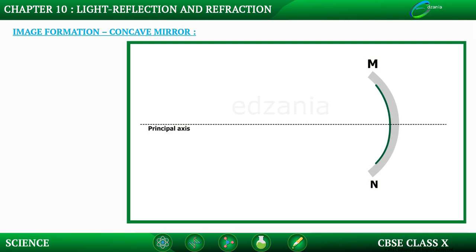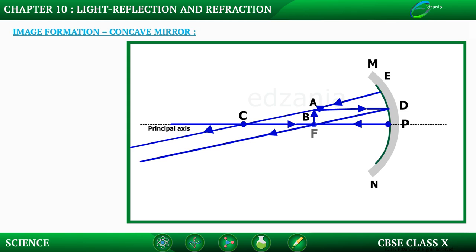When the object is kept at focus, we will take a ray which is emerging from the center of curvature, which will retrace itself back. Another ray we take is parallel to the principal axis and it will pass through the focus. So you can see that these two rays are parallel to each other. So we presume that they will meet somewhere at infinity.